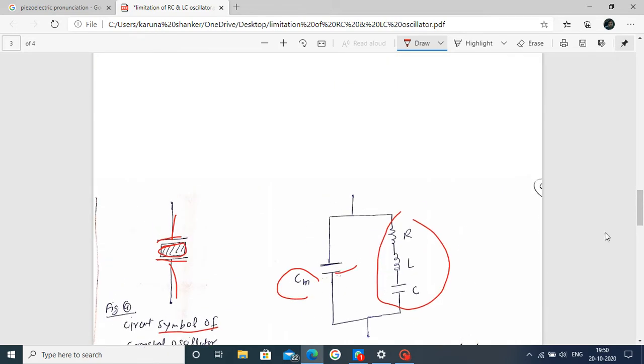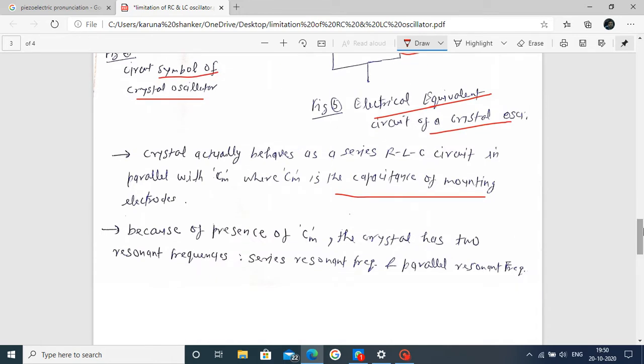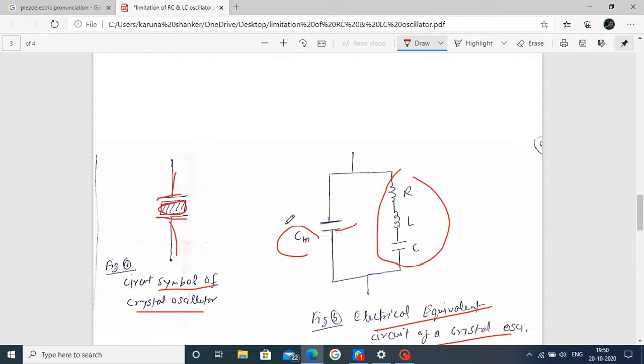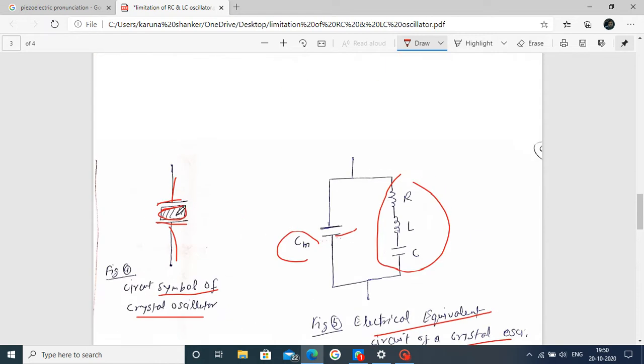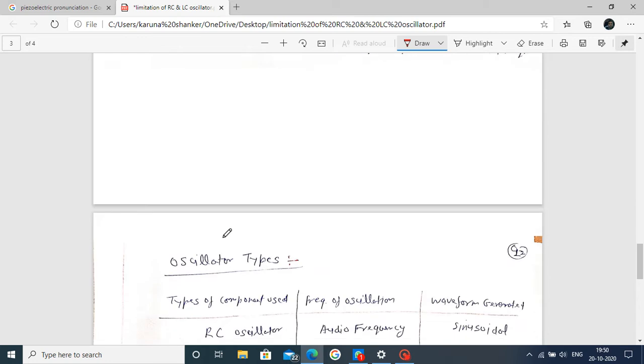This is the electrical equivalent circuit of the crystal oscillator. The crystal is actually a series RLC circuit in parallel with CM, the capacitance formed by the mounting electrodes.